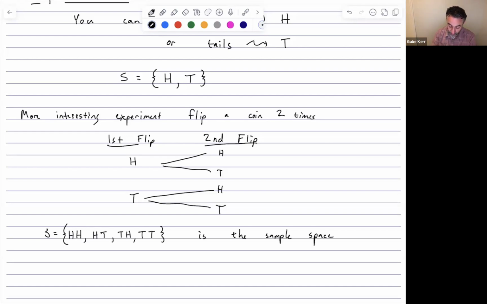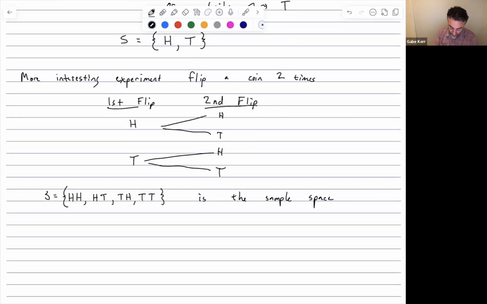Okay, what about three times? We'll just keep on going here. So this is a separate experiment, flip 3 times. Hopefully now you see, I need 3 different letters. Think of it as making a word.